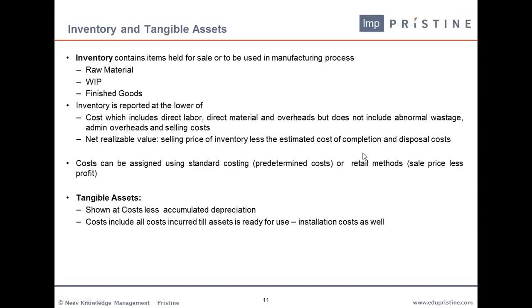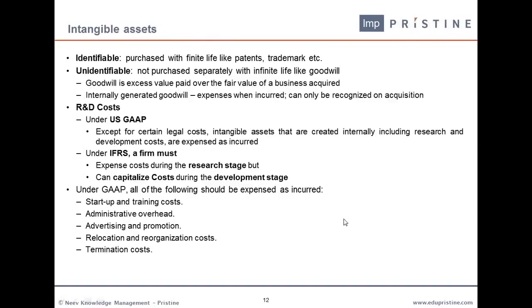So we have to take care of that, and subtract the accumulated depreciation from the cost. The important thing to note here is the cost will also include the installation costs of the machine, say.